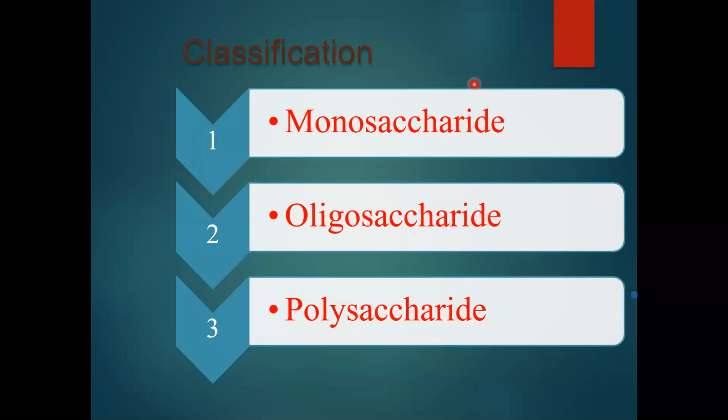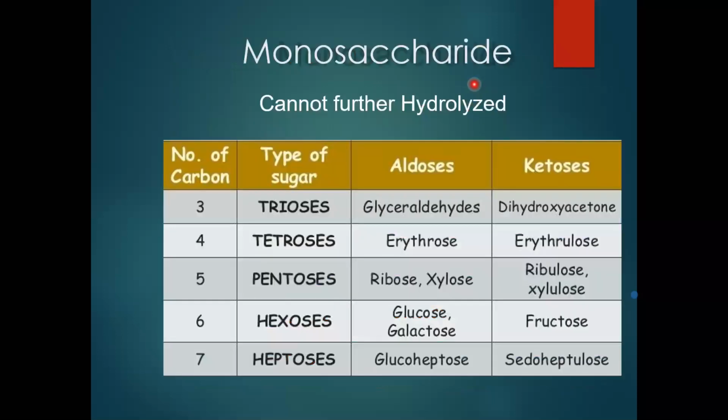Classification of carbohydrates: monosaccharide, oligosaccharide, polysaccharide. What is a monosaccharide? A monosaccharide is a carbohydrate molecule which cannot be further hydrolyzed or broken down into smaller pieces. Examples with 3 carbons are trioses, which include glyceraldehyde and dihydroxyacetone.